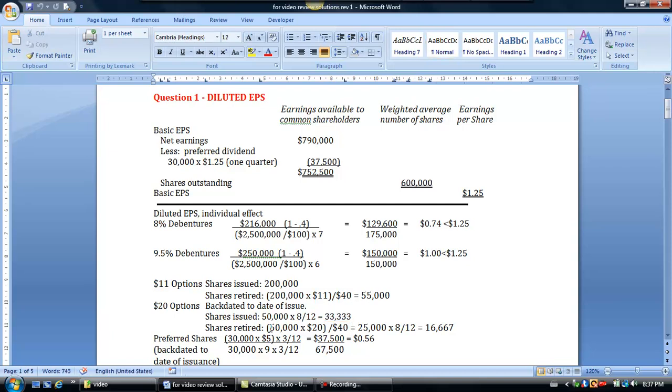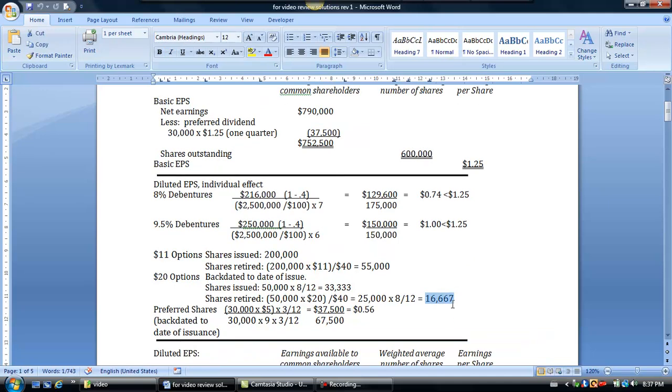We would have retired shares using the proceeds that we would have got from investors, dividing it by 40. We would have got 25,000 shares that we would have retired, but don't forget, we have to multiply this by 8/12 as well, because we're doing a weighted calculation. So that would mean that we would have had to have retired 16,667 shares.